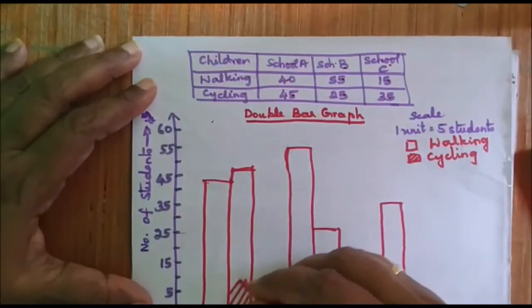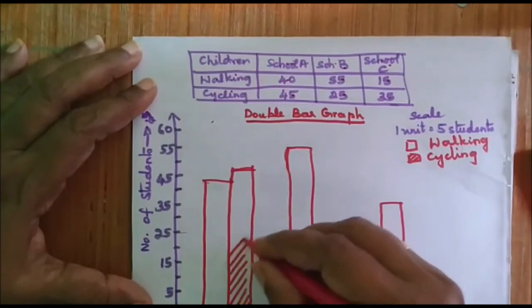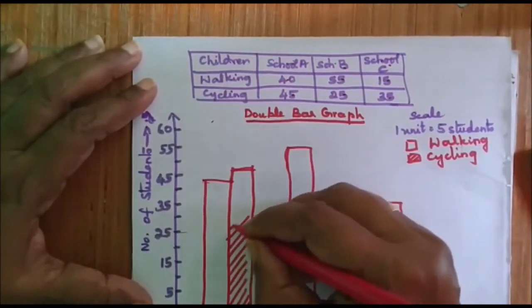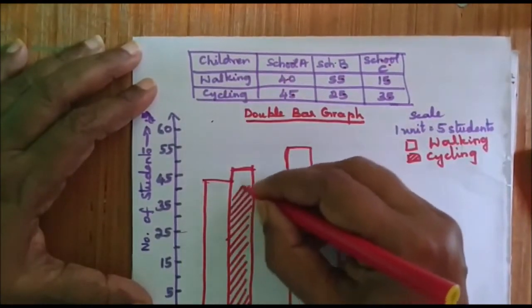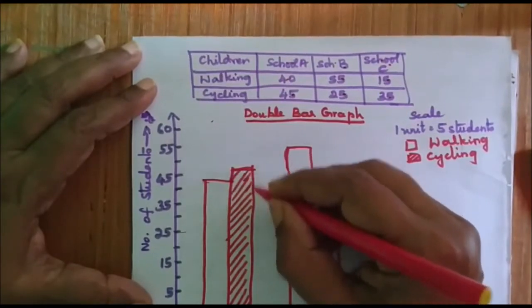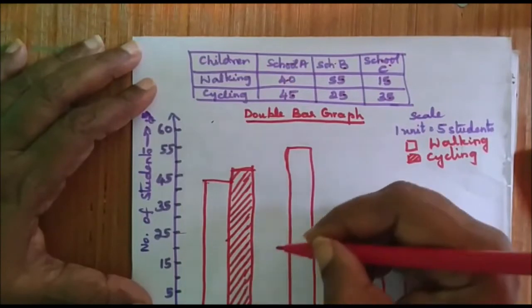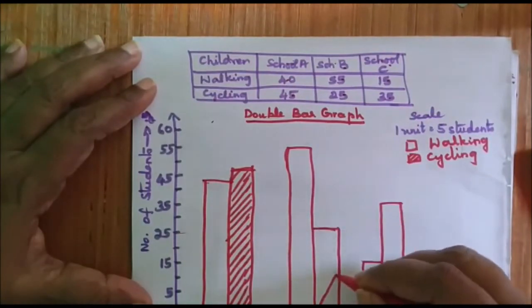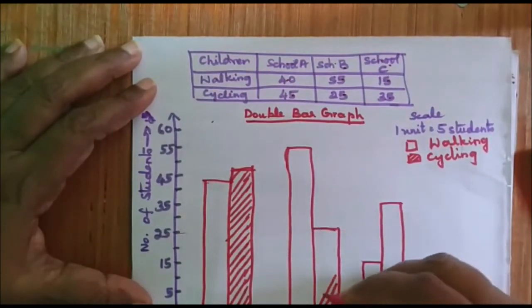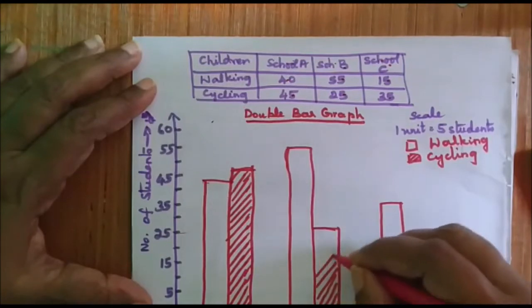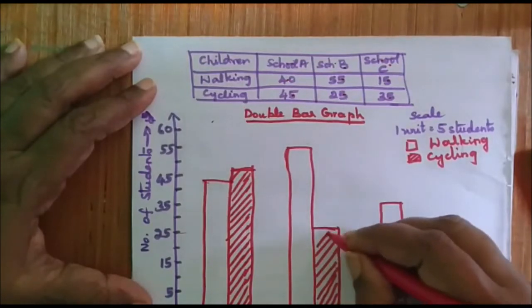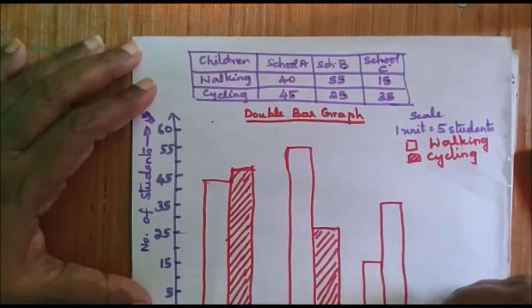In this way I can represent the students who go by cycling from home to school. I hope you understood how you draw this bar graph. In this bar graph we can represent two sets of data, that is walking as well as cycling of the students. I hope you understood this.